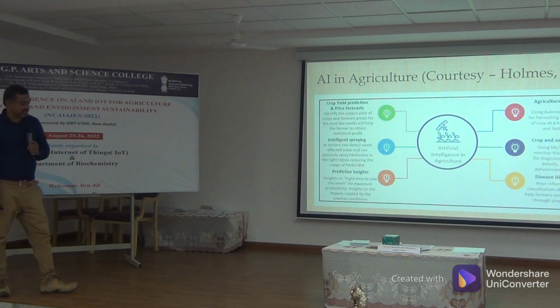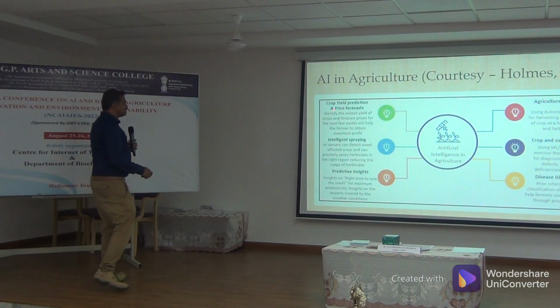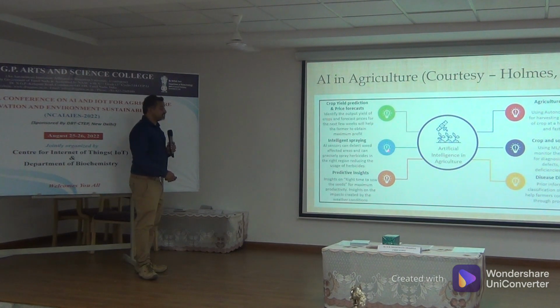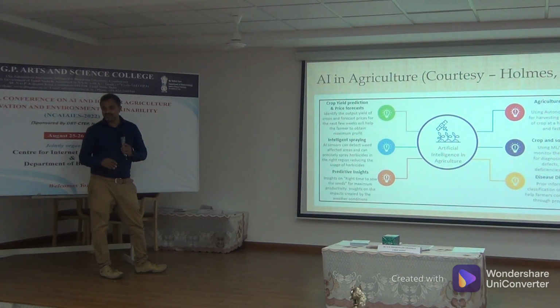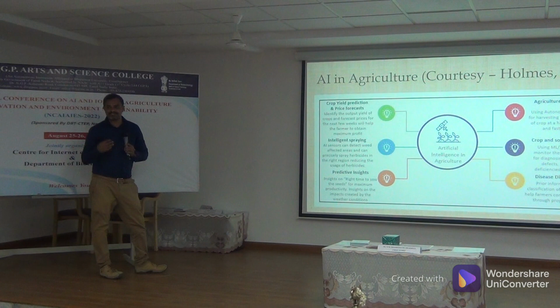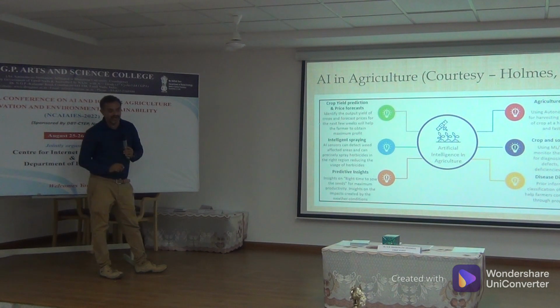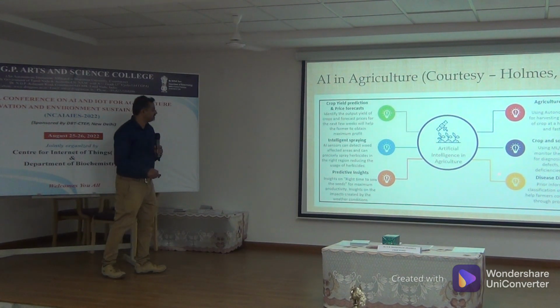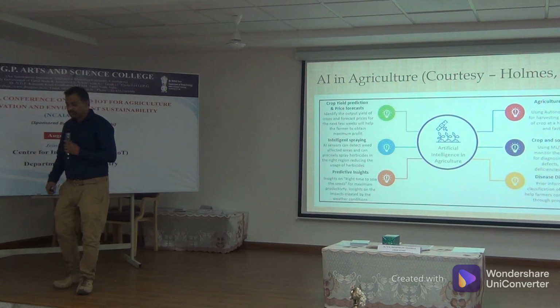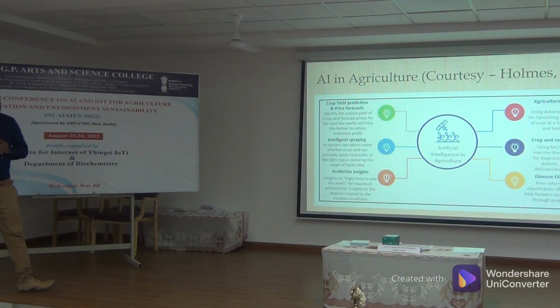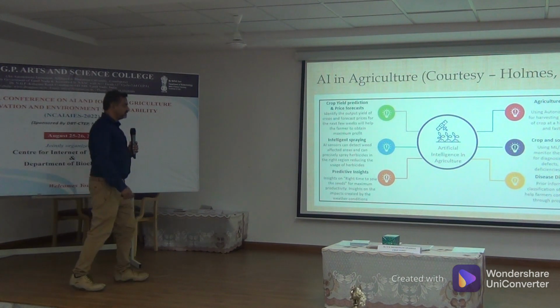So crop yield predictions and price forecasting, intelligent spraying, of course you need it, predictive insights, the right time to sow the seeds, agriculture robots, crop and soil management or monitoring, and finally disease diagnosis. So these are some of the applications related to agriculture, especially in terms of artificial intelligence.